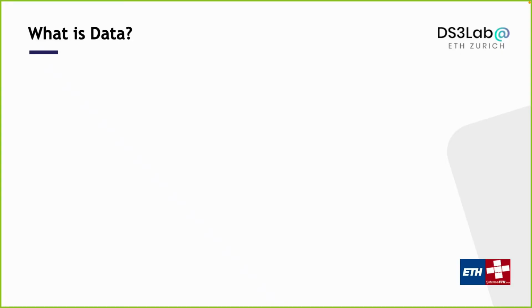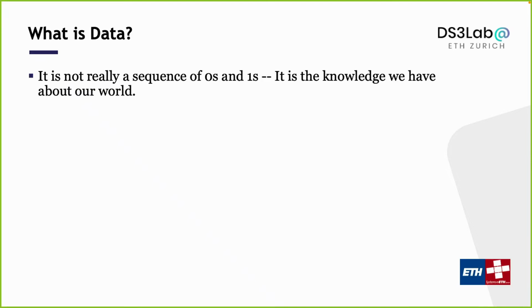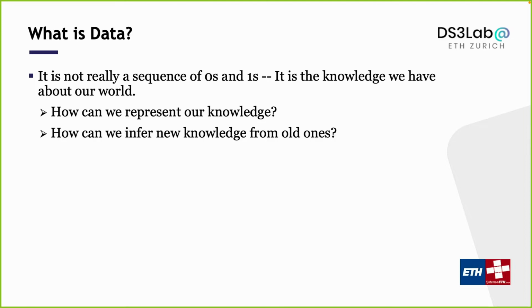So to really understand what is data model, it essentially tries to make a statement about, in your mind, what is really the data. But no matter what you think about it, data is not really a sequence of 0 or 1s. I mean, that doesn't really have too much value if you think about data as a sequence of bits. So what's interesting about data and why we are so excited about it is the knowledge we have about our world. And when we talk about the data model, essentially we are asking a question, how can we represent this collection of knowledge?